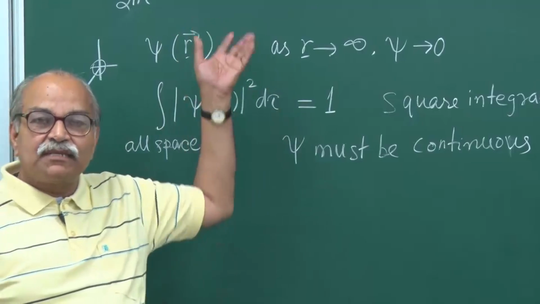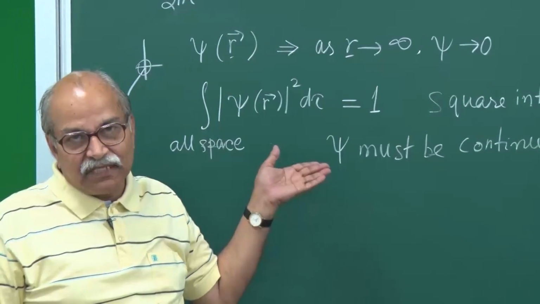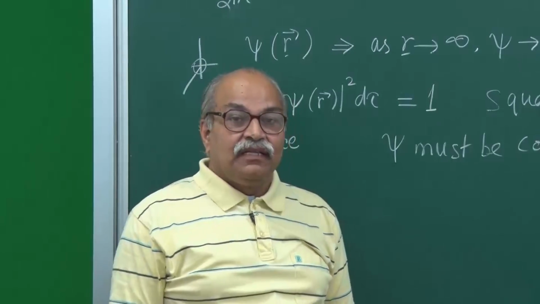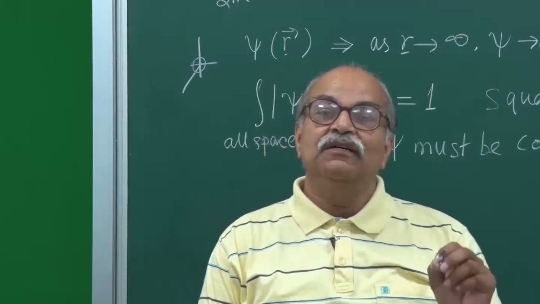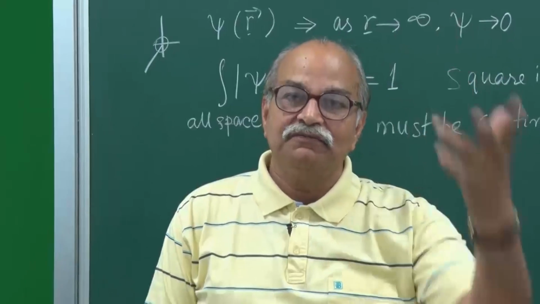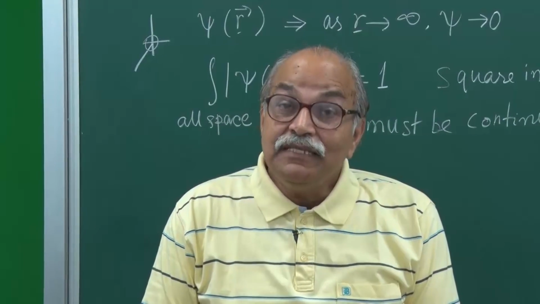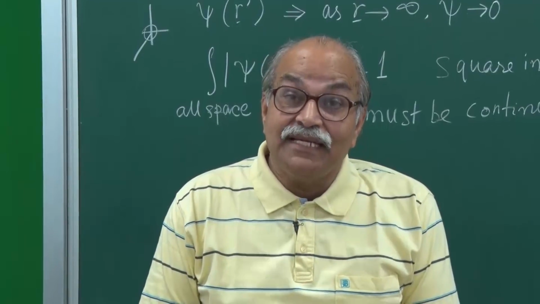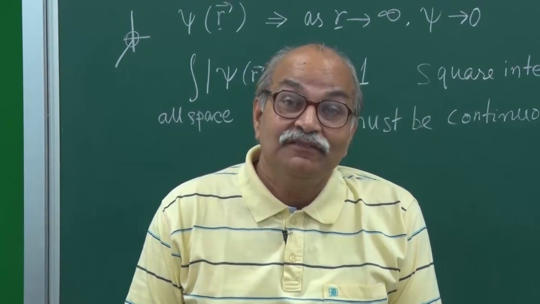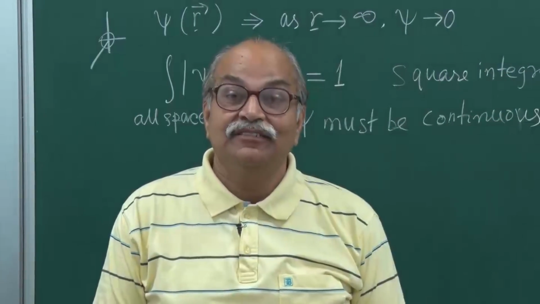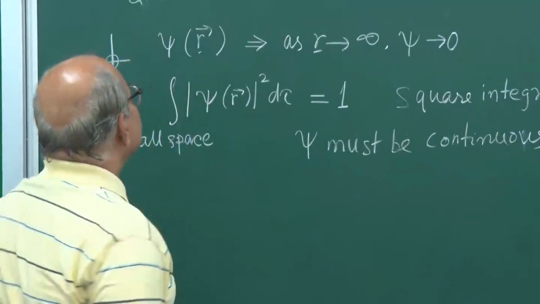These are some of the conditions that this wave function must follow, and it turns out that if you put any arbitrary value of this energy capital E, in general you may not get any functional form psi which satisfies the equation with these boundary conditions. Your equation is here.